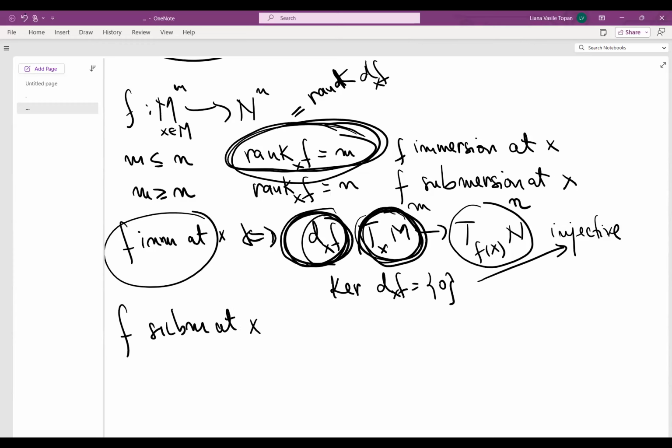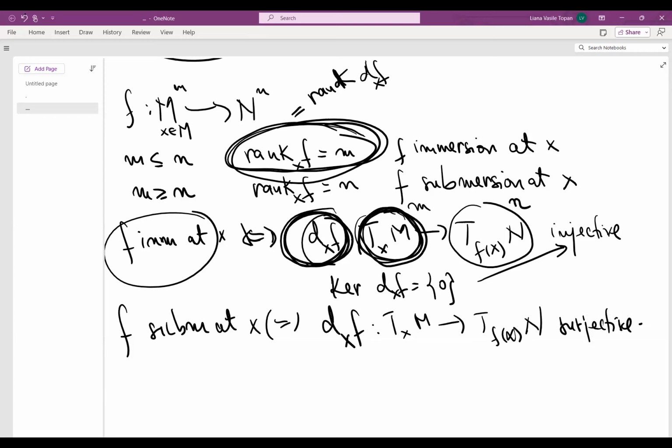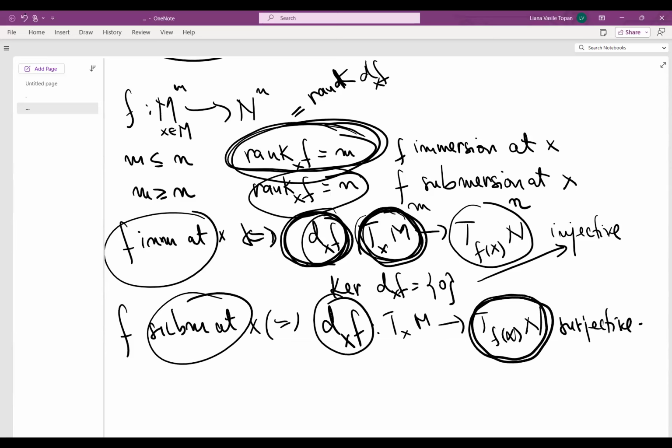And F will be a submersion at the point x if and only if the differential, again defined from T_x M into T_F(x) N, is a surjective map, onto. So we characterize the submersion via the differential of the function. Submersion means that the rank is n, which means that the dimension of the range of the differential is n, but the range is a subspace of this n-dimensional vector space.